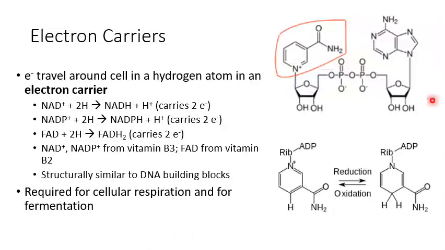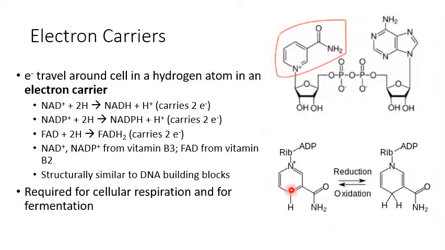The figure over here is showing one of those electron carriers. On the top is actually the entire molecule. This is NAD+, so it's the form that does not have electrons on it, and the part that is circled in red is the part of the molecule that actually carries the electrons.